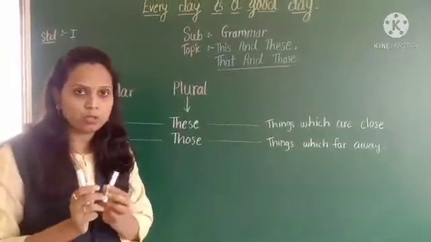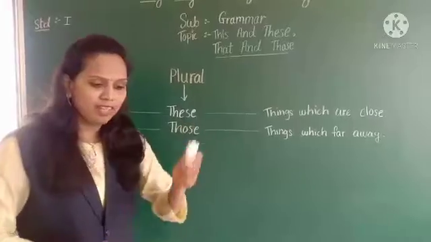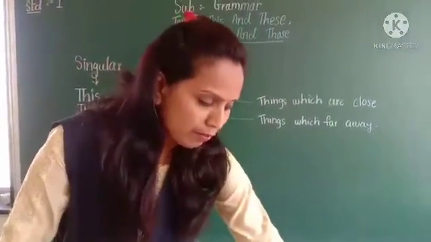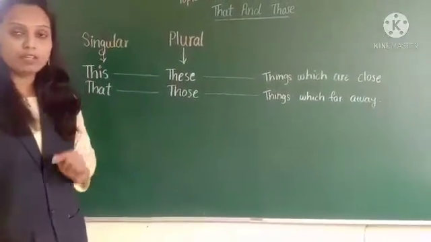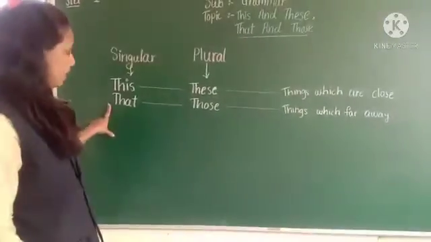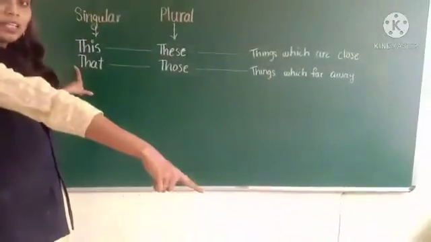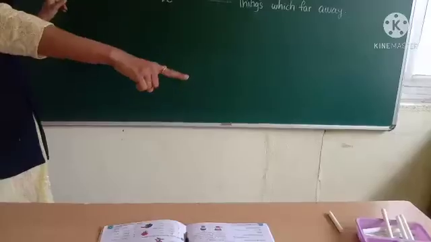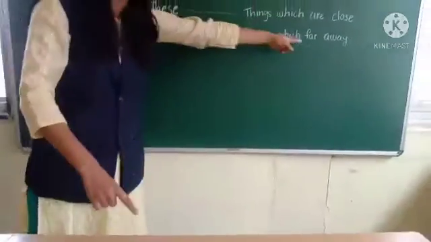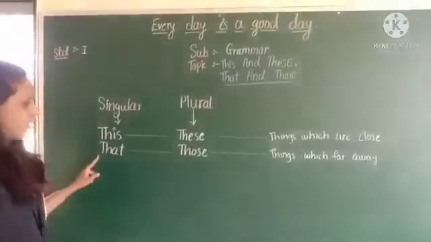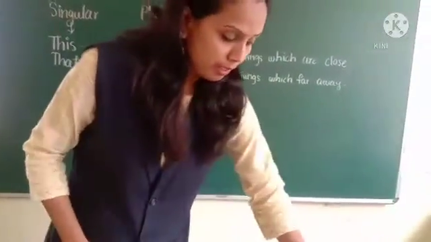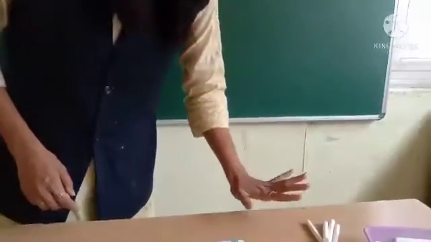These are chalks. Understood? Now I put this chalk far away from me and what I say, singular form, that is chalk, because it is far away from me. And when many chalks are here, what I say?